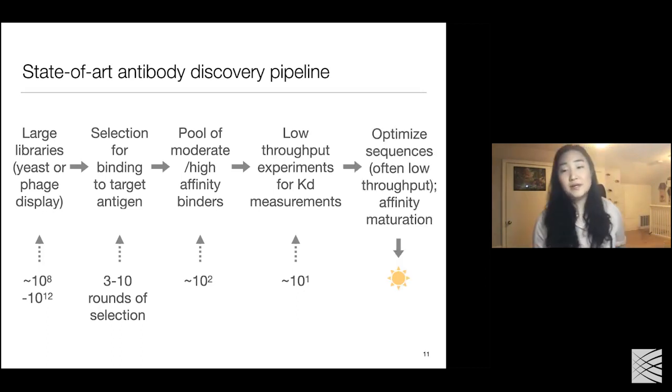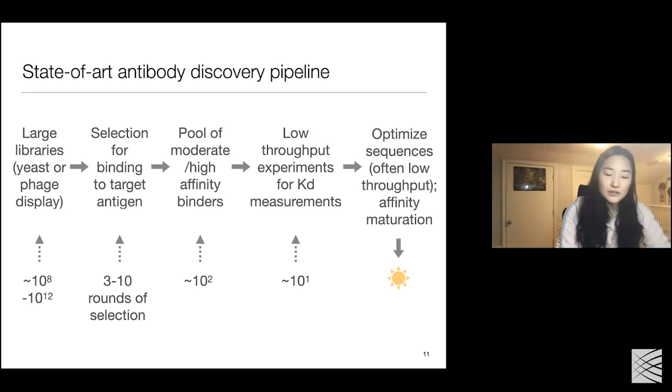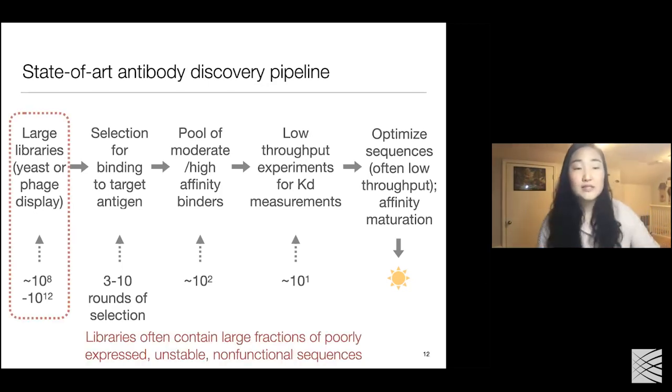And then you can optimize these sequences with something like affinity maturation, for example, to improve the affinity of these sequences as needed, or to improve their biochemical properties. But I want to mention some of the limitations of this pipeline as it stands today. As I already mentioned, these large libraries often contain large fractions of poorly expressed, unstable, or non-functional sequences.